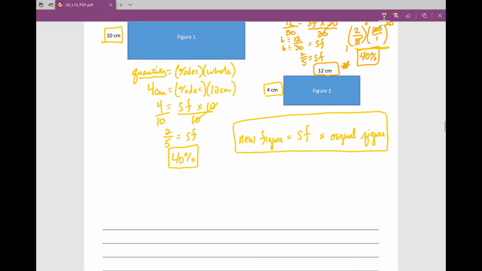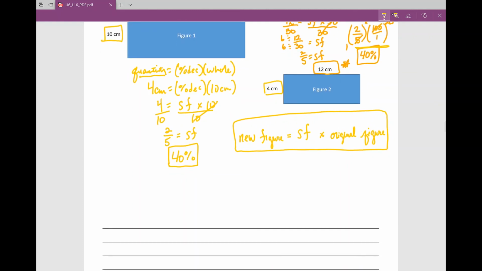Okay, so we know that, right? Let's copy this down. We can use new figure equals scale factor times original figure to find the scale factor.